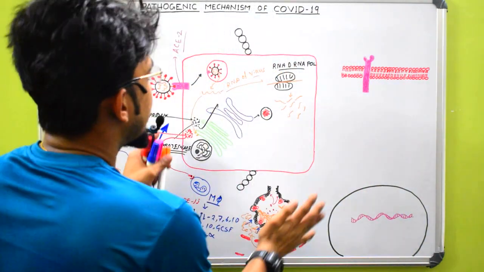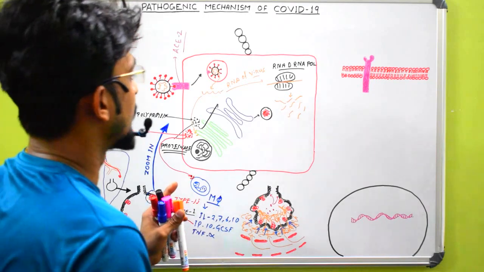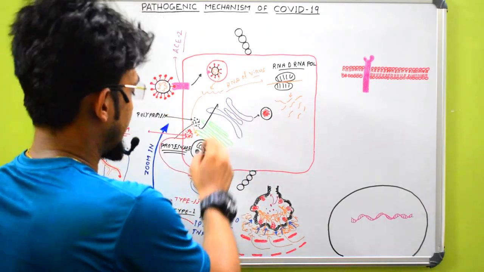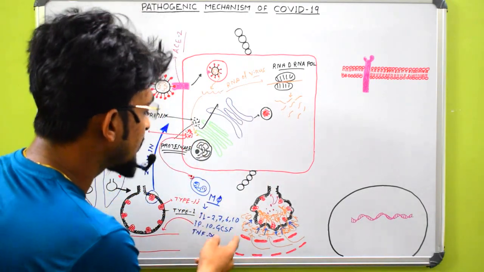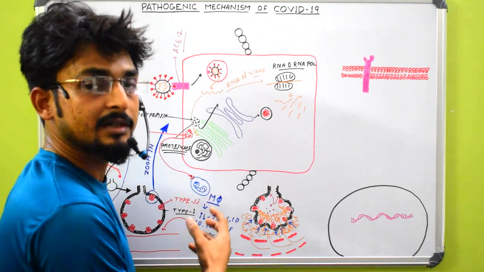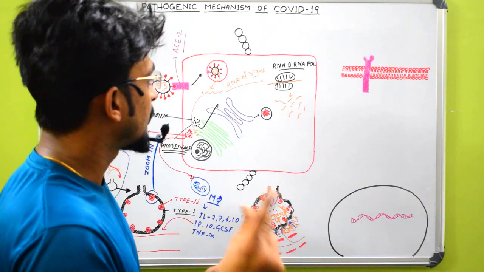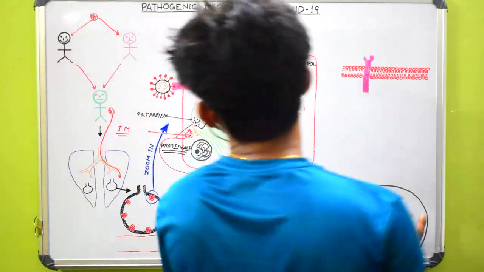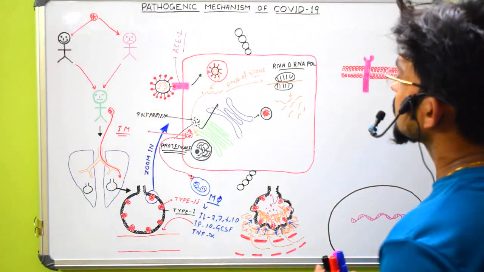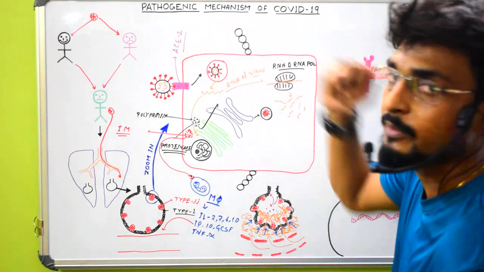Now this is one kind of phenomenon that is going on, and these chemicals are getting secreted right after the entry of this virus inside the cell. Okay, now another secretion is also there, that starts at the time of attachment.